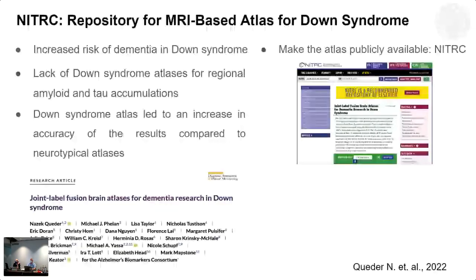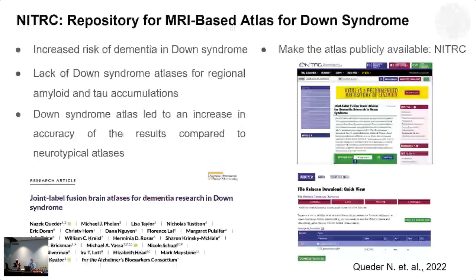It also made it more accessible and allowed us to see how many people downloaded the atlas, for example, and tag new releases if we have new releases, and so on and so forth. So that's my experience with NITRC.